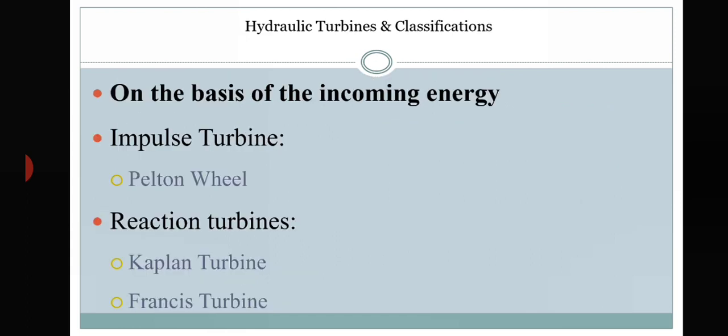The main classification you need to keep in mind is based on the incoming energy, where you can have impulse turbine and reaction turbine. Impulse turbine we already discussed, like your high head turbines will be impulse turbines. High head means you are having a pretty much head above your turbine, or much high head total energy is available at the inlet of the turbine.